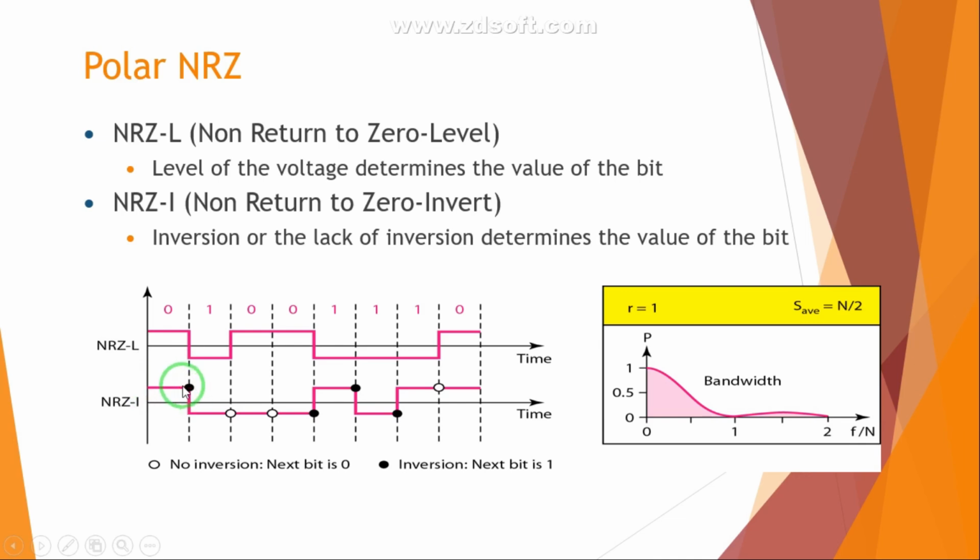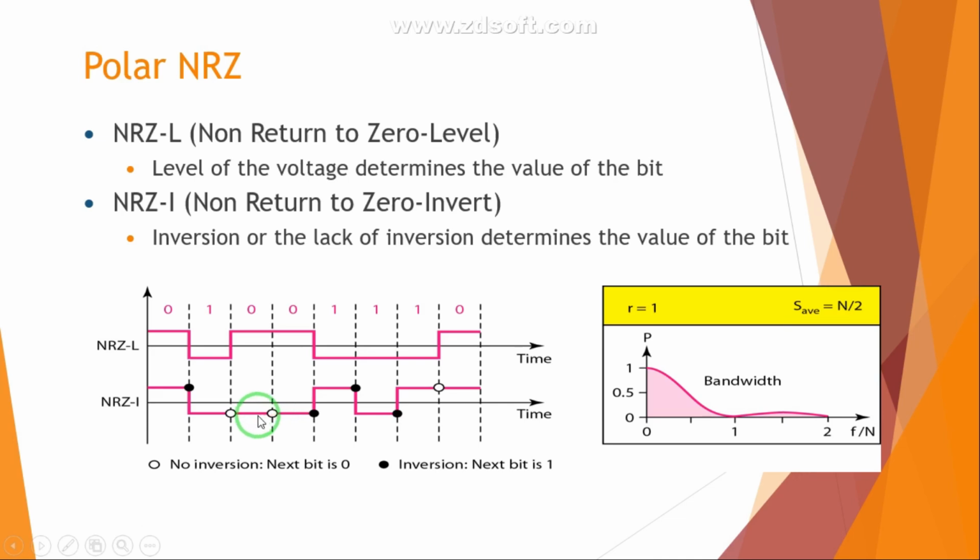Plus V voltage. And if the next bit is a 1, then it is going to make a transition. Earlier it was plus V voltage, so it is going to make a transition to negative voltage. But if the next bit is 0, there is no inversion.